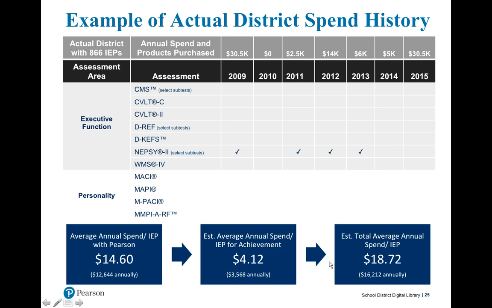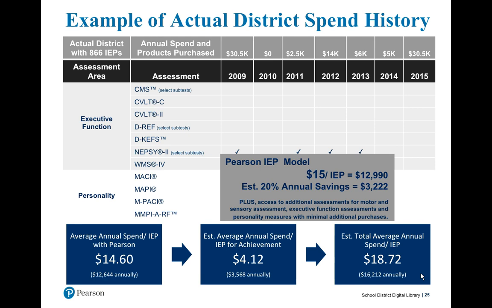Adding that up, this district would be spending around $18 or almost $19 per IEP. Now, if this customer did make a move to the IEP model, they would be spending just under $13,000 annually, which would boil down to about a 20% savings of around $3,000 and change.